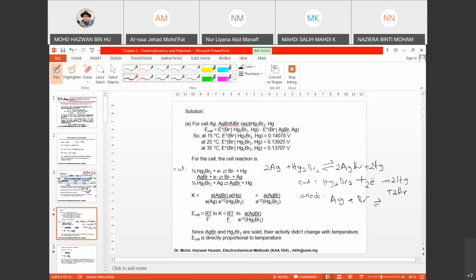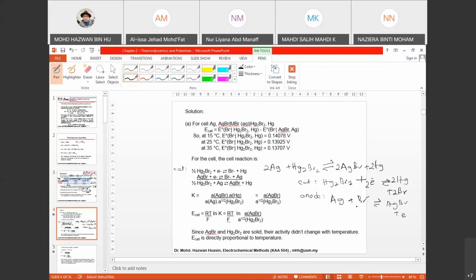This one should be a double head arrow too. Now you can balance it.